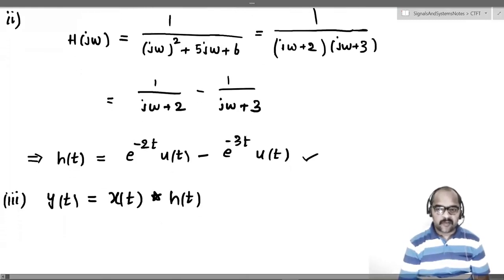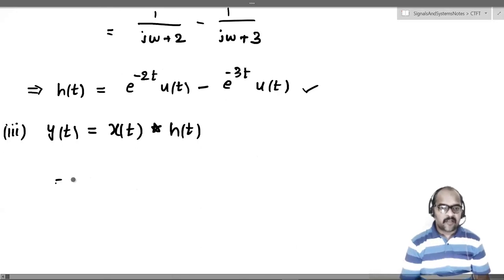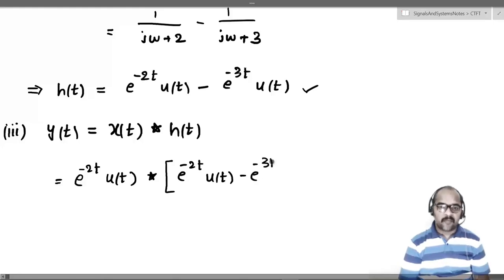So this should be equal to how much? What is x of t given to be? That is given to be e power minus 2t u of t, and this is convolved with e power minus 2t u of t minus e power minus 3t u of t.